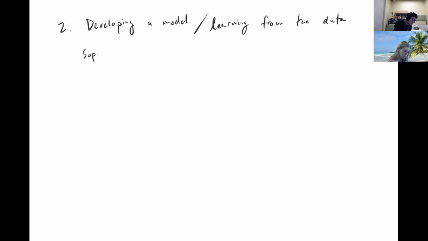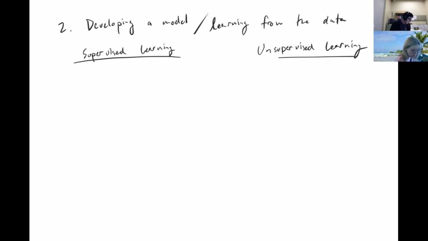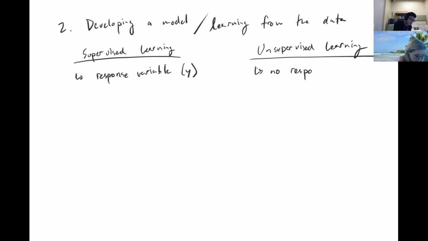So you've got supervised learning and unsupervised learning. The main distinction is that in supervised learning, you have a response variable, your y, and here you have no response variable.